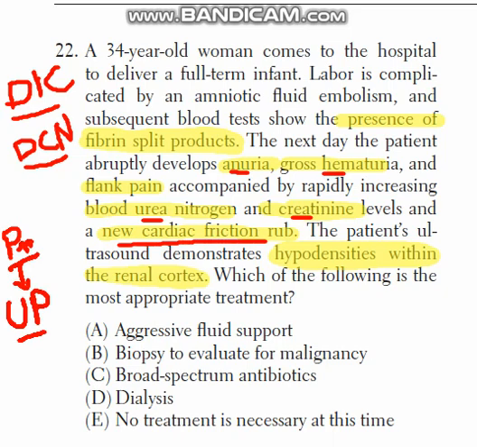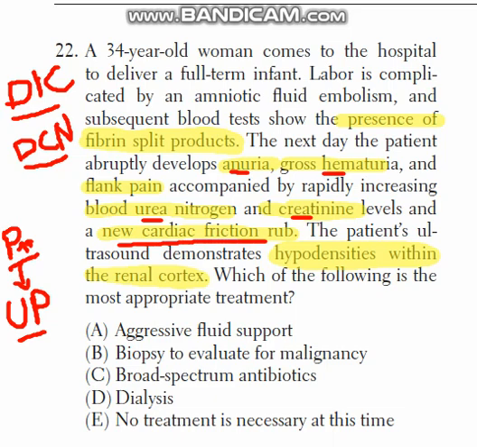The patient's condition is very bad in this situation, because first there is disseminated intravascular coagulopathy, then diffuse cortical necrosis, which leads to an increase in blood urea, creatinine and hematuria, and which leads to pericarditis in this patient.